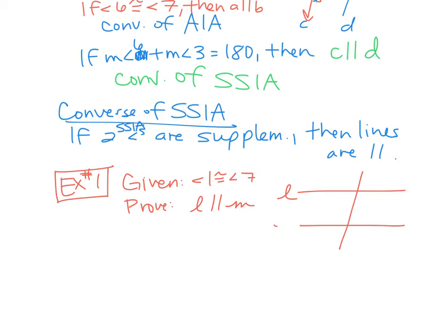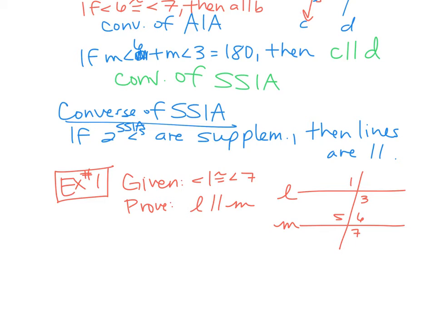So here's L, here's M, and this is angle 1, angle 3, angle 5, angle 6, and angle 7. Okay, so we're trying to prove the lines parallel. We know that 1 is congruent to 7.